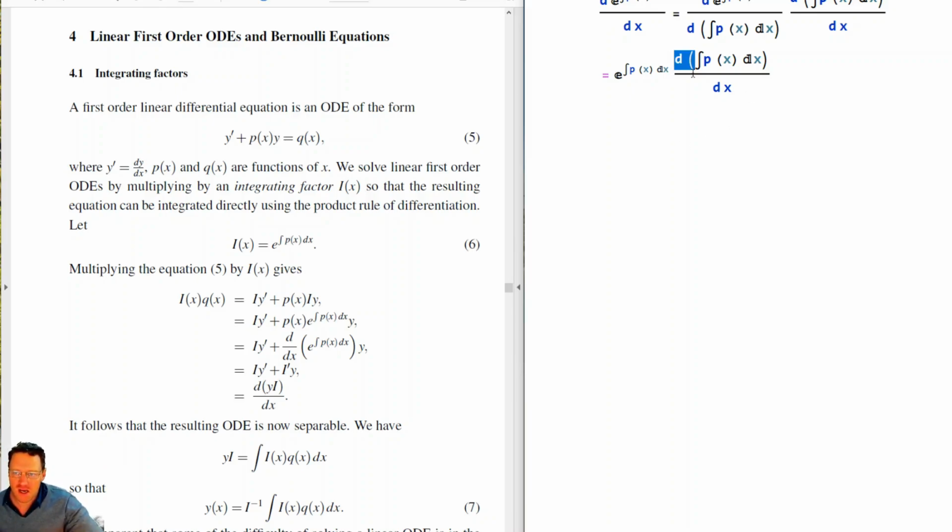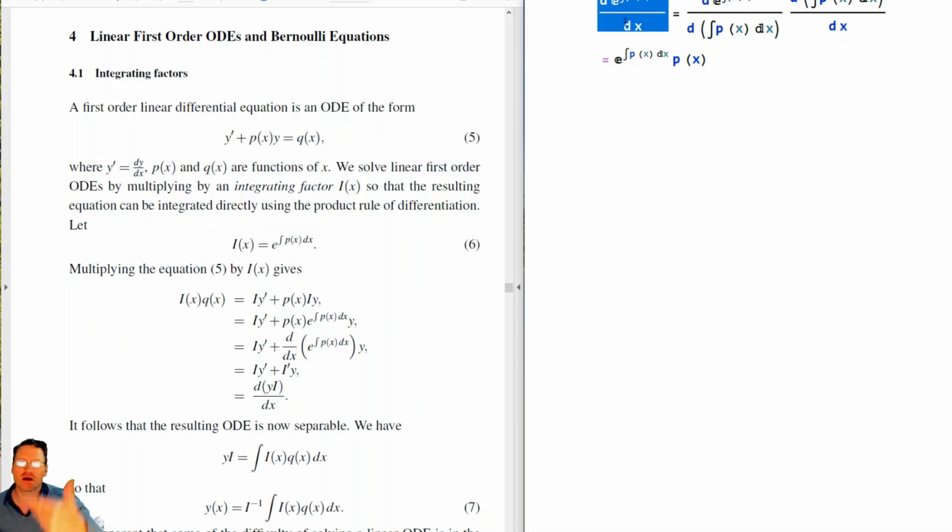And then on the right hand side of this expression, we have the derivative of the integral, which is just p of x. So we can replace that with p of x. We see then that this derivative of that integral is p of x times e to the integral of p of x dx.